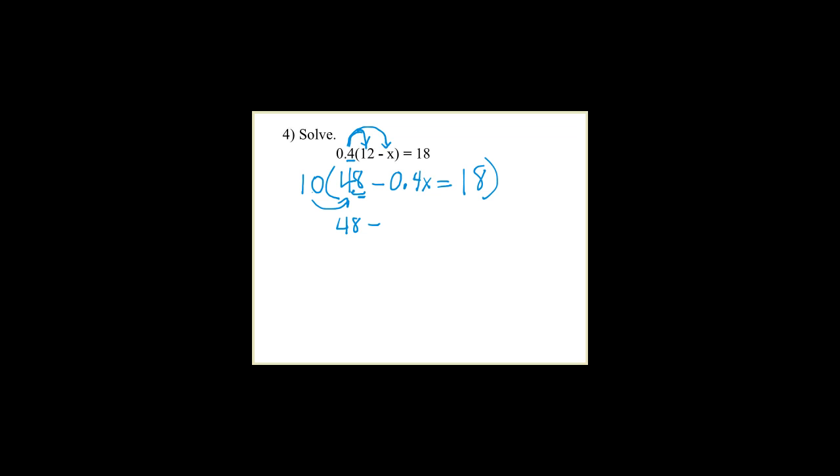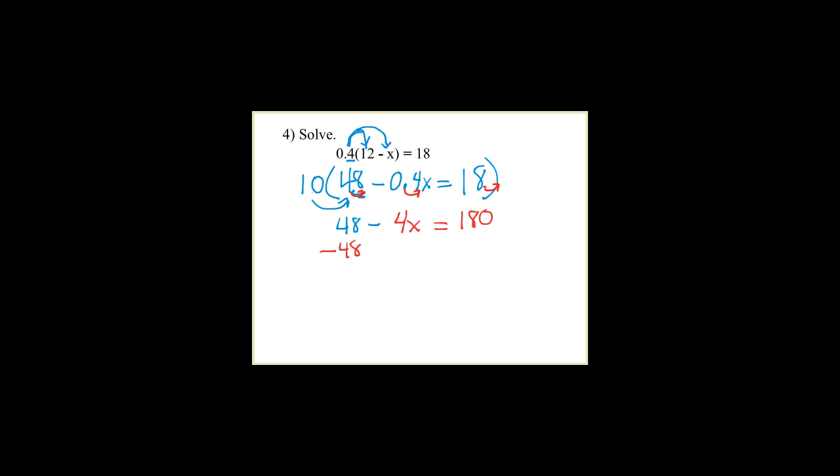Let me move the decimals in red. I'm moving this over once, moving this over once, and I'm moving this one that's here that we don't really see over once. Okay? So now I have 4x equals 180. And now I don't have to deal with my decimal issues.